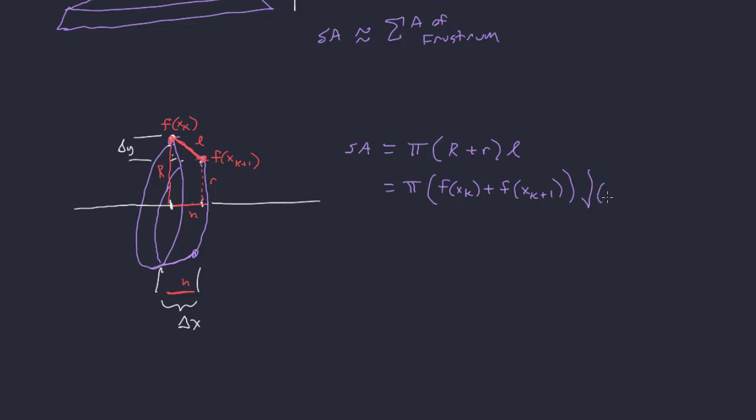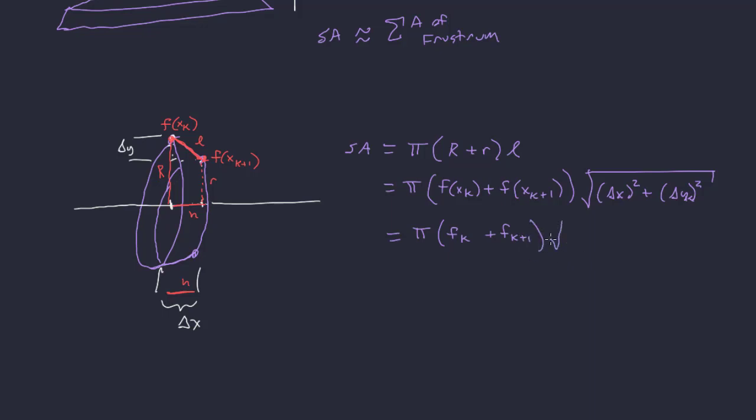That's going to be the square root of delta x squared plus delta y squared. And the delta y had a k in it. I'm just going to write this as f sub k and f sub k plus 1, just to make this a little easier.